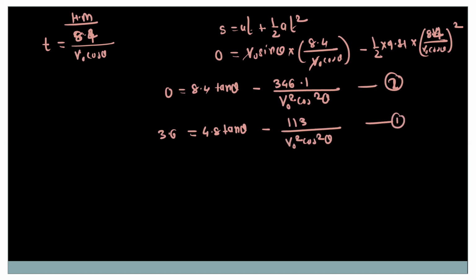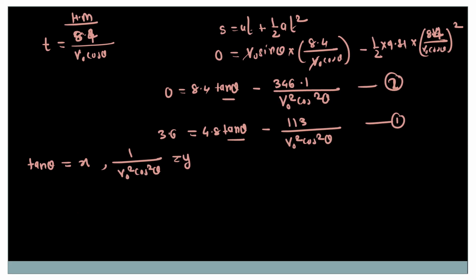Okay, so if you observe these two equations, then we have the same term tan theta, and this 1 upon V naught square cos square theta. Okay, so we can take tan theta as x and this total term 1 upon V naught square cos square theta as y. So we can convert this equation in terms of x and y. So we can solve this as a simultaneous equation and we can get the value of x and y.